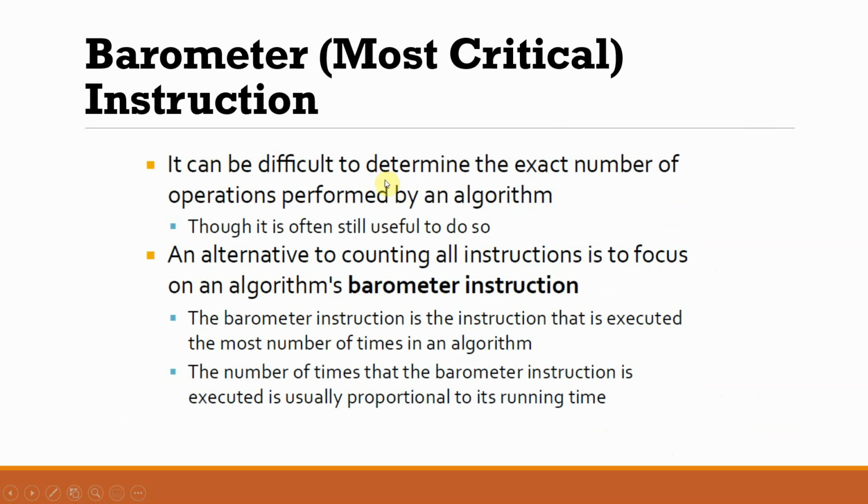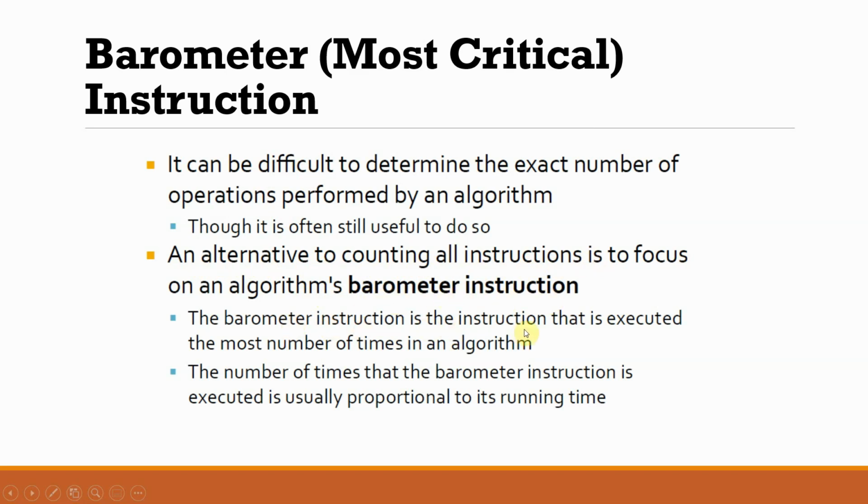As mentioned, it can be difficult to determine the exact number of operations performed by an algorithm. It is possible and useful to do so, but it's very difficult in some cases. So an alternative solution to counting all instructions is to focus on the most critical instruction, or barometer instruction.